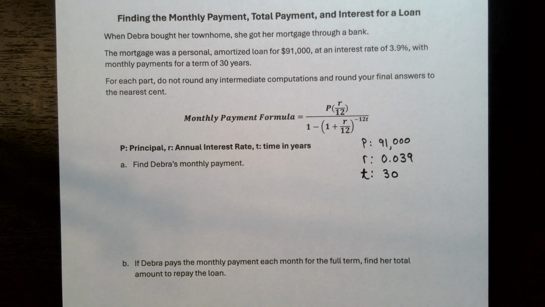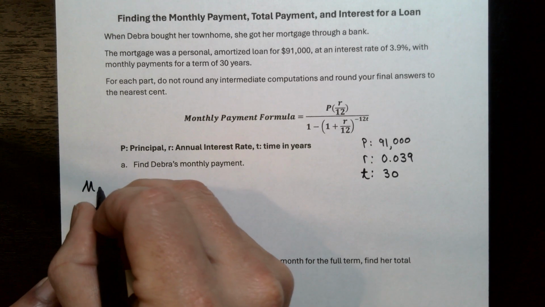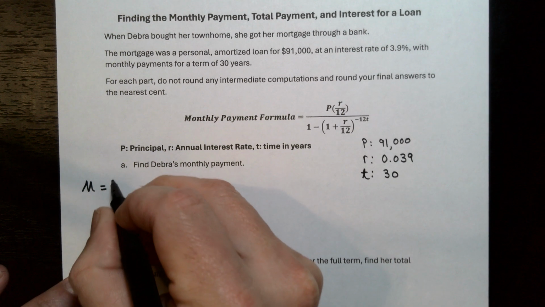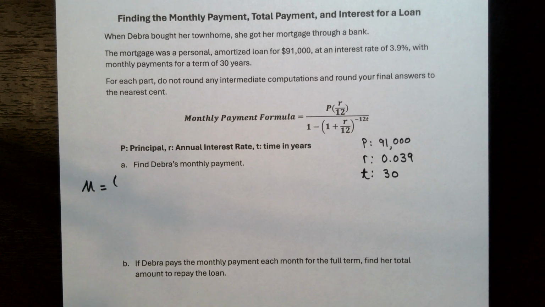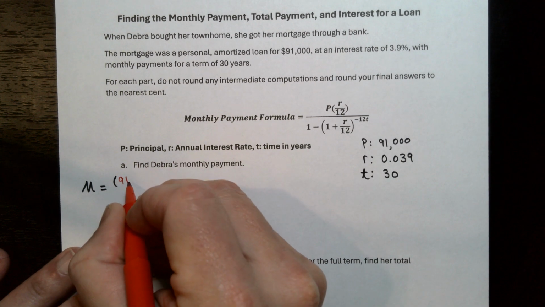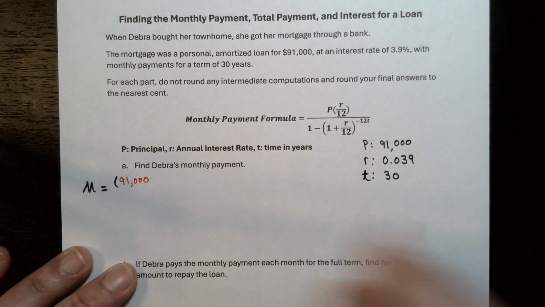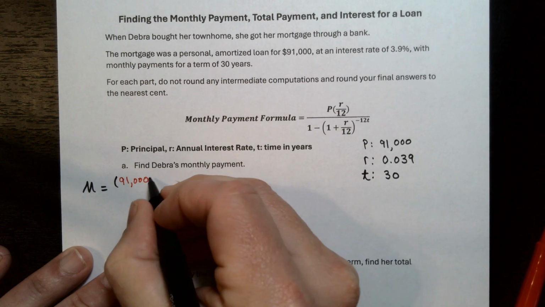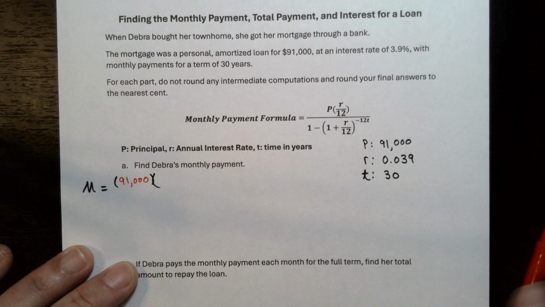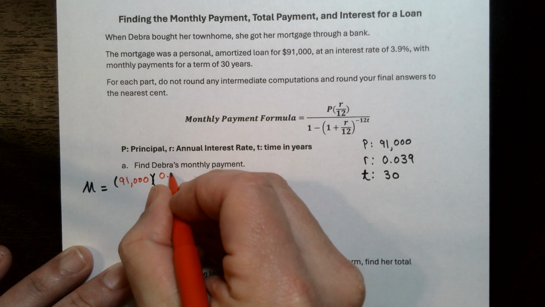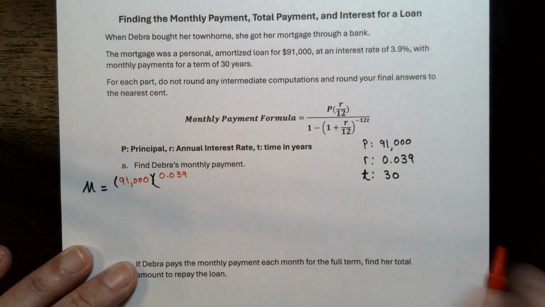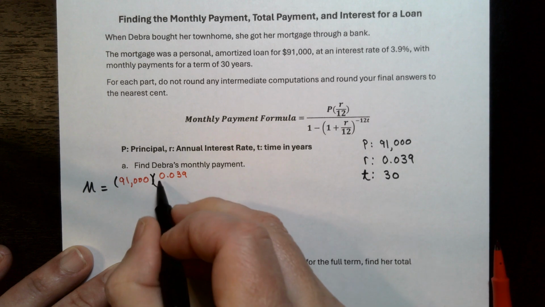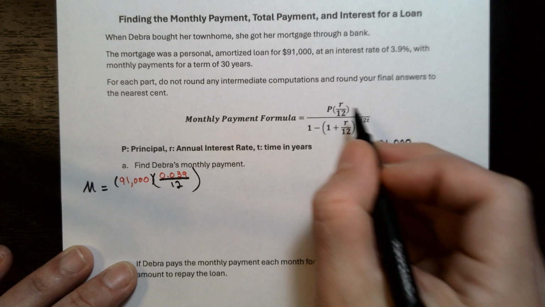So we have M is equal to, first the principal, that's 91,000. And then we have the R, which is 0.039 divided by the 12. So that's this part.